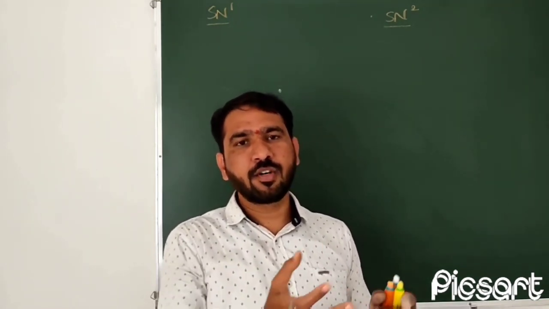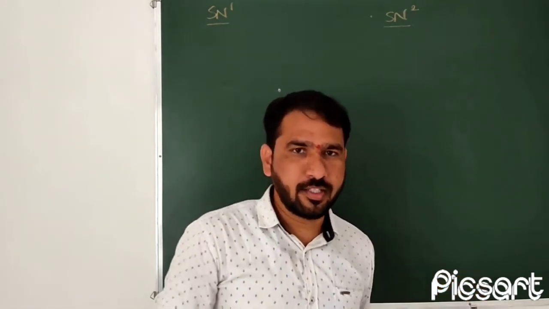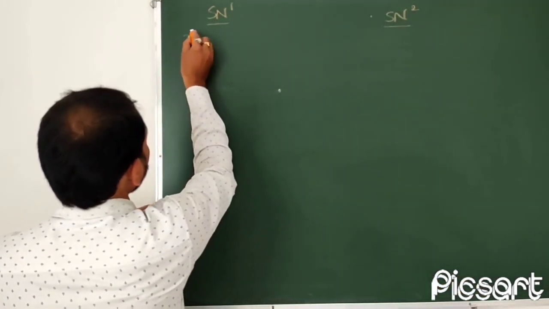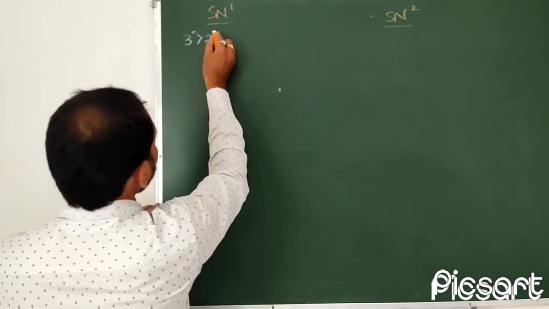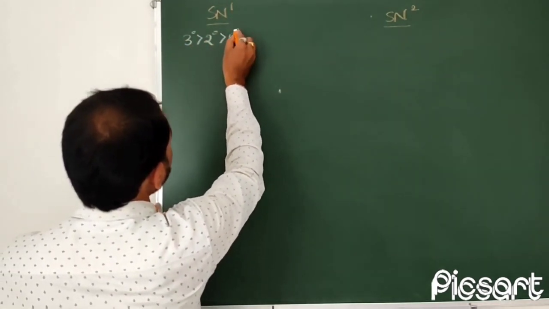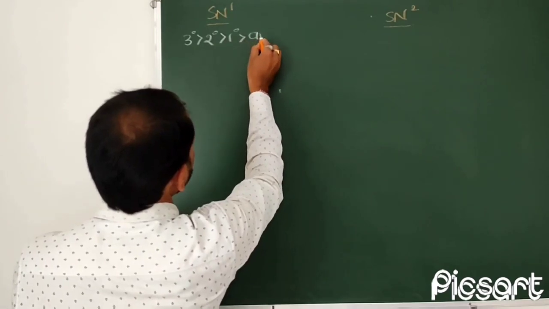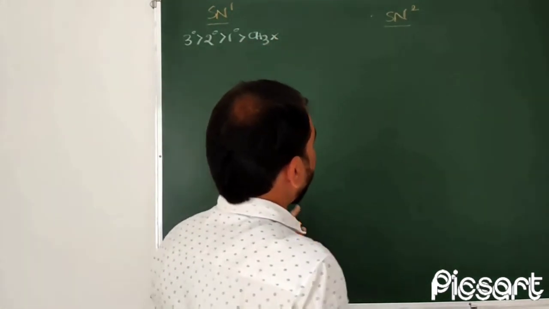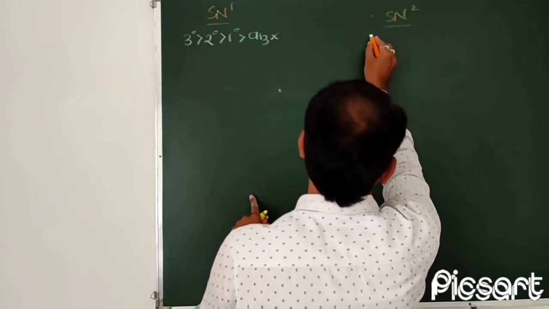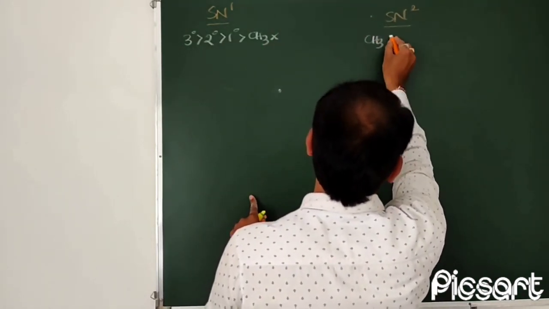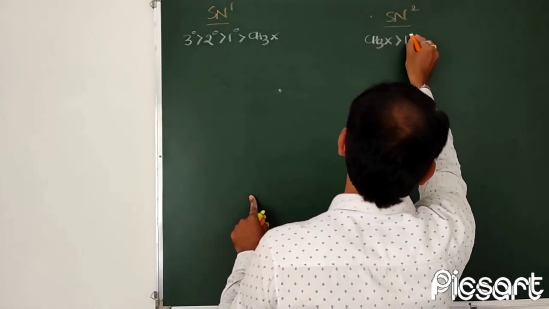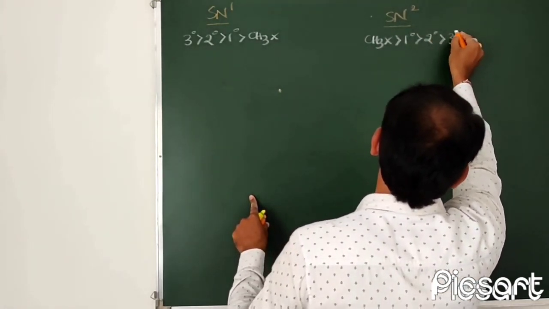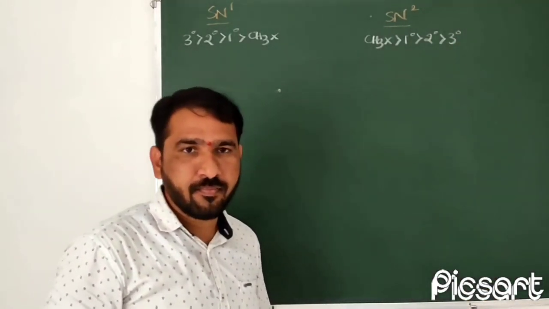Among them, which favor SN1, which favor SN2. Coming first to the SN1 reaction: 3 degree alkyl halides greater than 2 degree alkyl halides greater than 1 degree alkyl halides greater than methyl halide. Coming to the SN2 reaction, the reverse of SN1: methyl halide greater than 1 degree alkyl halide greater than 2 degree alkyl halide greater than 3 degree alkyl halides.